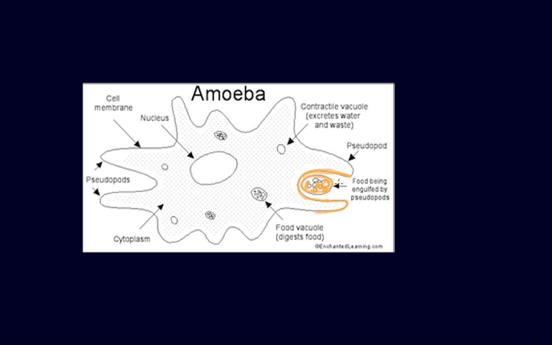After that, these pseudopodia join together. Now this is the amoeba. Now what happens? This is the food particle and this is the pseudopodia. After some time, as they spread the false feet around this insect or prey, the pseudopodia walls will join together, and in this way this amoeba will engulf this food particle inside it.